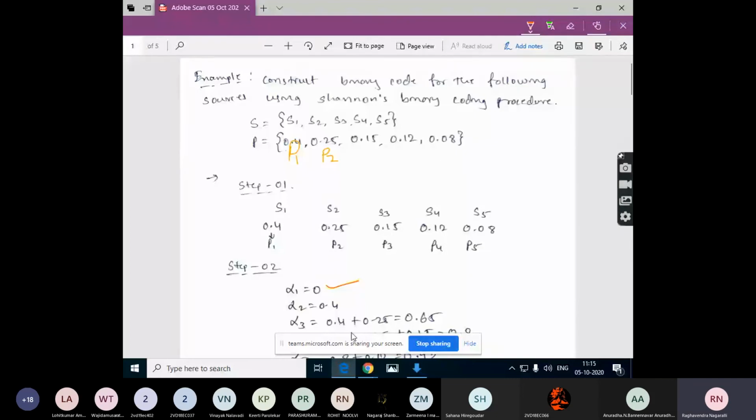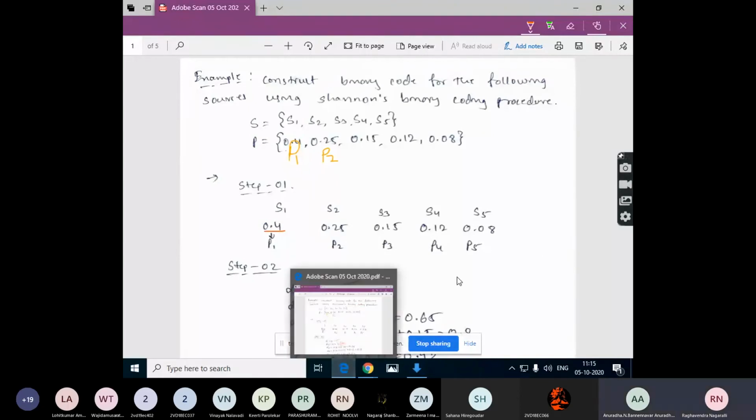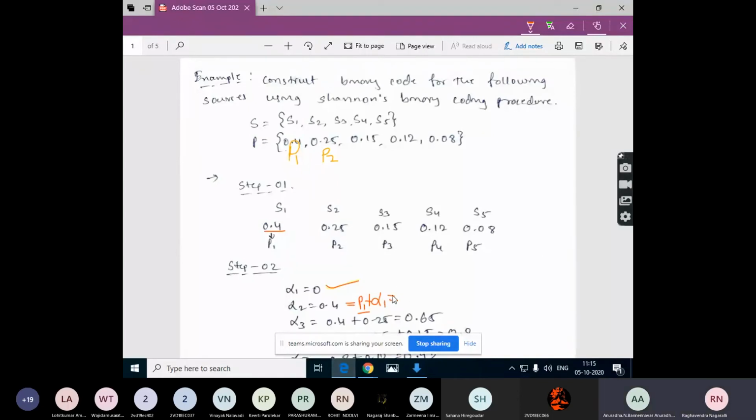Alpha 2 is equal to P1 plus alpha 1. As we have taken alpha 1 equal to 0, alpha 2 becomes P1, and P1 is 0.4. So alpha 2 is equal to 0.4.